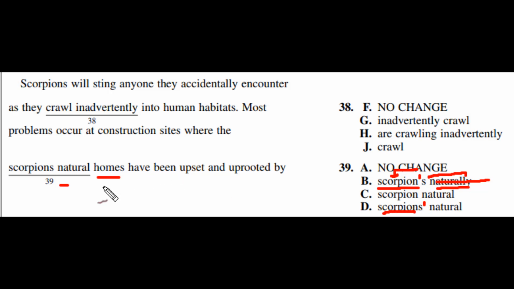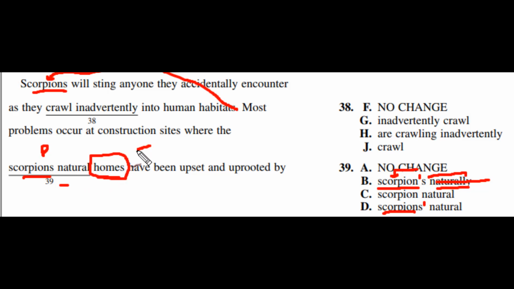Let's go back to the beginning of the sentence. Up here it says, most problems occur at construction sites where the scorpions, that doesn't help a lot. So what do we do? We go back a little bit further. If you look up here at the previous sentence, it says scorpions. It's plural. So we know that scorpions, plural, are going to own their own homes.